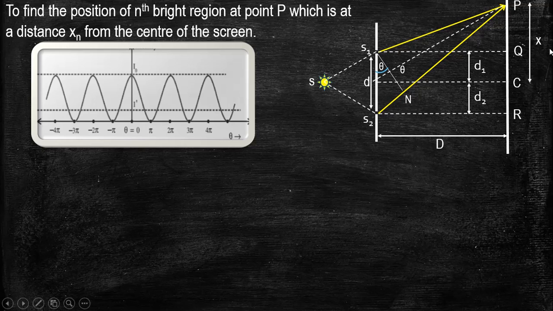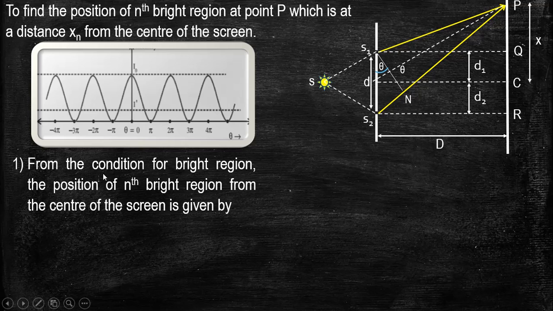Since the slides are changing, from the condition of a bright region, the position of the nth bright region from the center of the screen is: path difference S2P minus S1P equals n lambda. You know this path difference is always an integral multiple of lambda when you get maximum intensity. So for every bright region, this condition should be fulfilled.